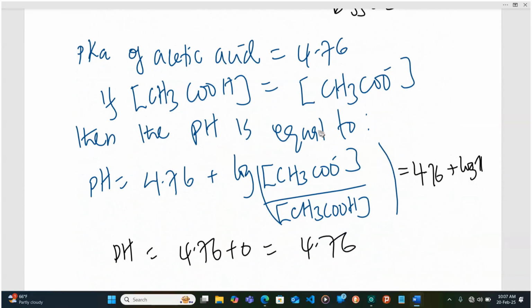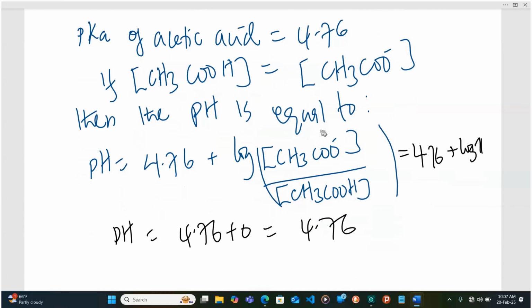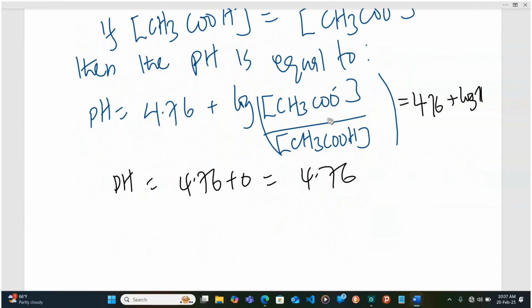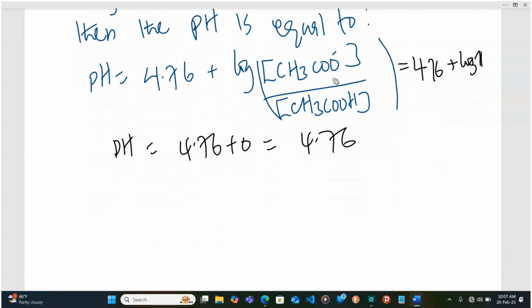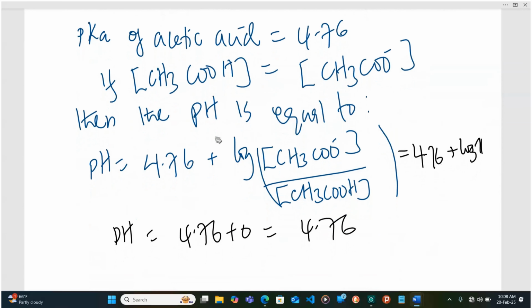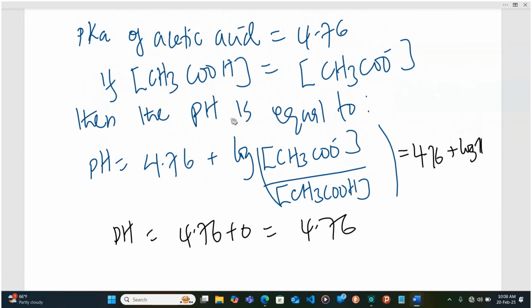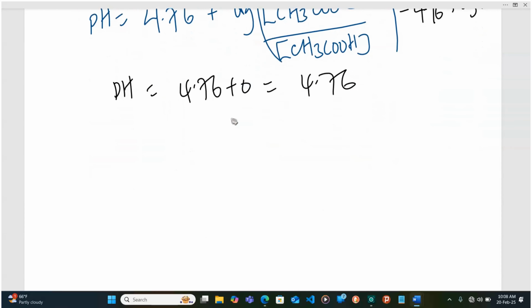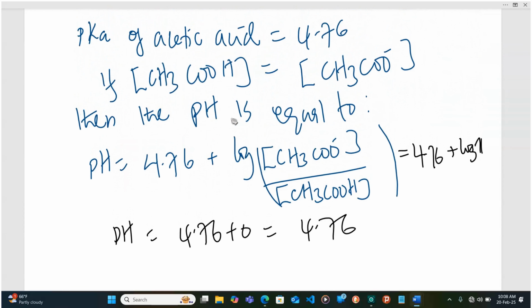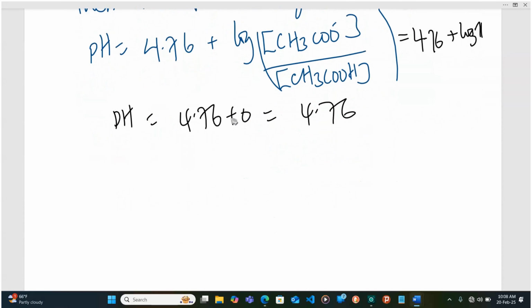If these concentrations are equal, you'll find that this calculation still gives you a pH of the solution that is constant. So buffer solutions have constant pHs. Even when you add anything onto them, there is going to be a struggle to neutralize whatever has come in, to maintain a constant pH.